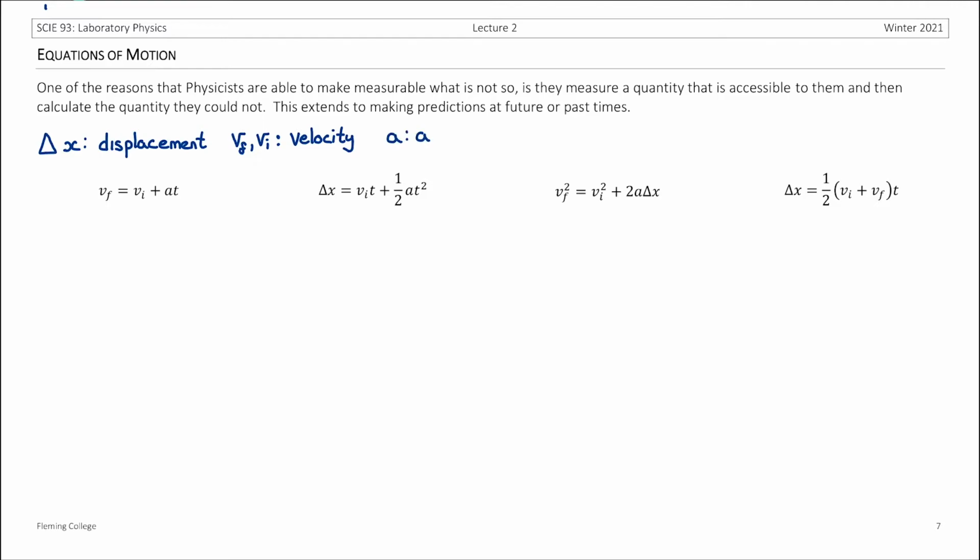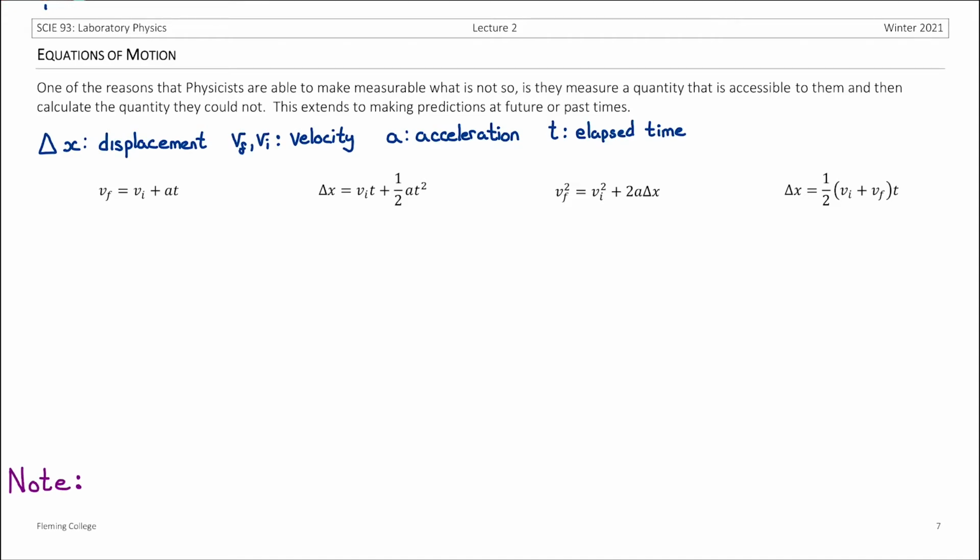A represents the acceleration for the time frame of interest, and t represents the elapsed time. Students need to be careful, as t is often going to need to be calculated as a change in time, even though the equations only represent the variable itself.